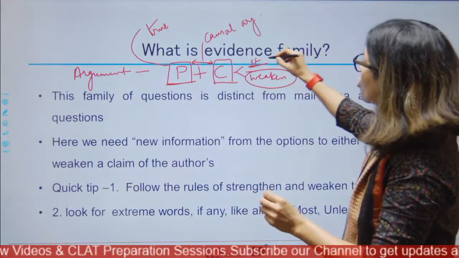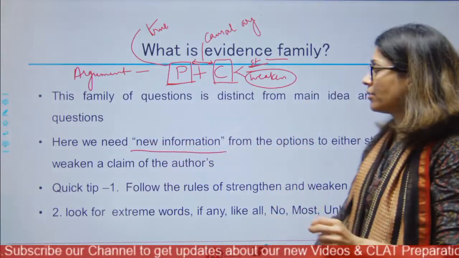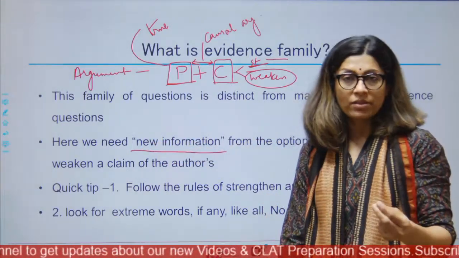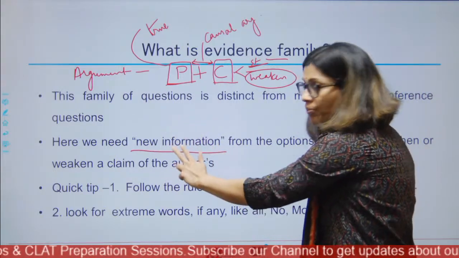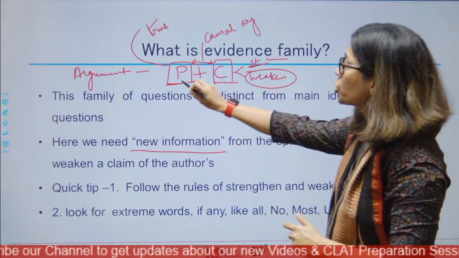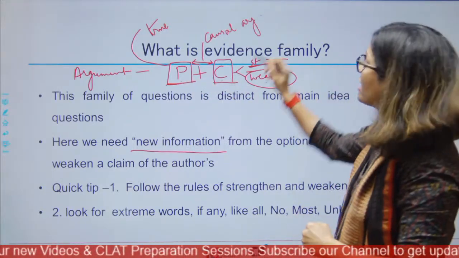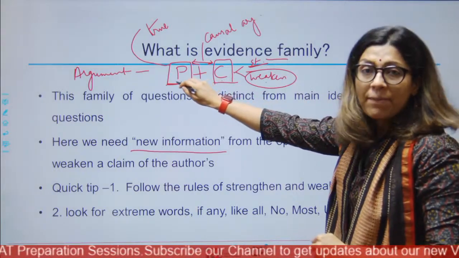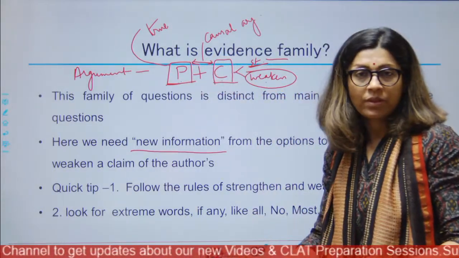That means in strengthen, you will have to provide what is known as a new premise. So in both ways, you have to give something new to the given argument. In weaken also, you have to show why the premise does not lead to the conclusion. And in strengthen, that the premise leads to the conclusion is what you have to prove further.